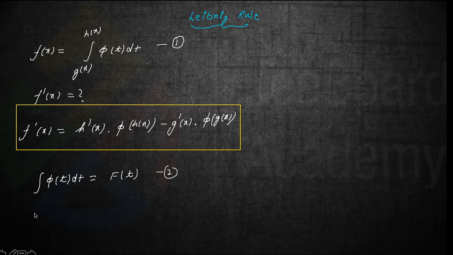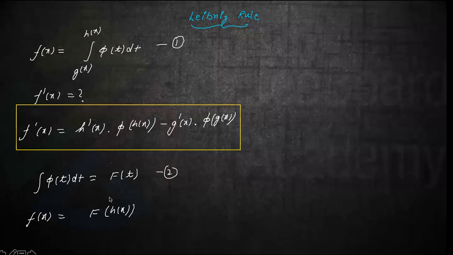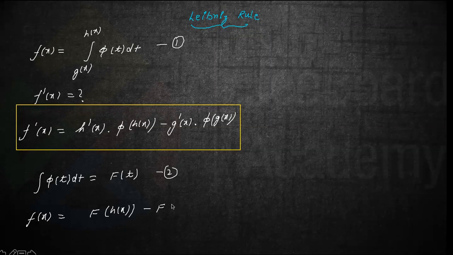So from 1 and 2, we can say f of x is equal to capital F of hx, right? And we can say minus capital F of gx. This is the basic integration, that once you apply the limit, you have the integral, and then you apply the limits from gx to hx.